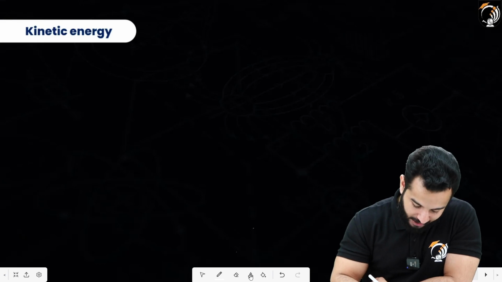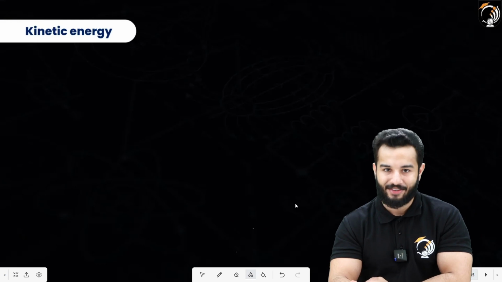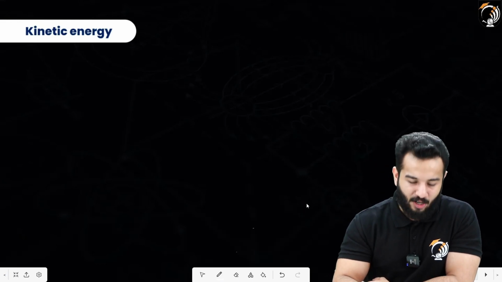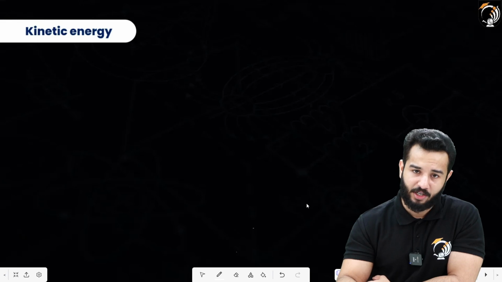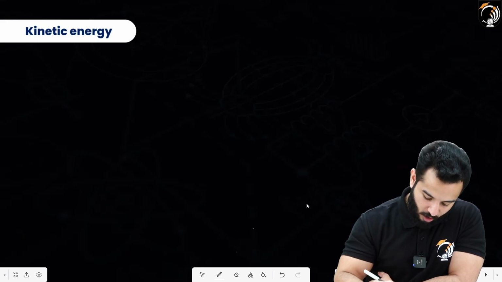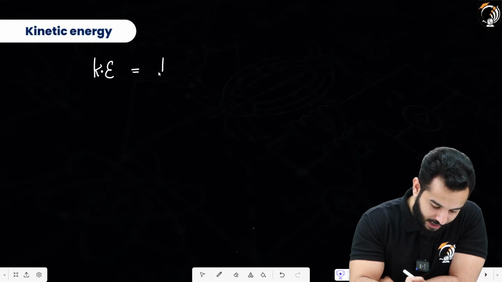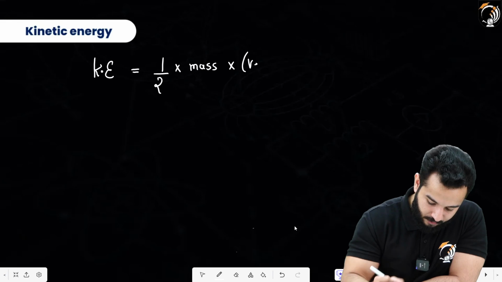The formula for kinetic energy is half mv squared. You don't have to worry about the derivation, but you can easily calculate it using the kinematics equations and force equals mass times acceleration. For now, if we have a body of mass m moving with speed v, then the kinetic energy is given as half times the mass times the square of the speed.